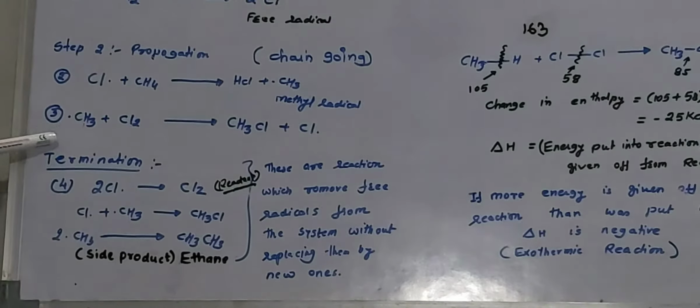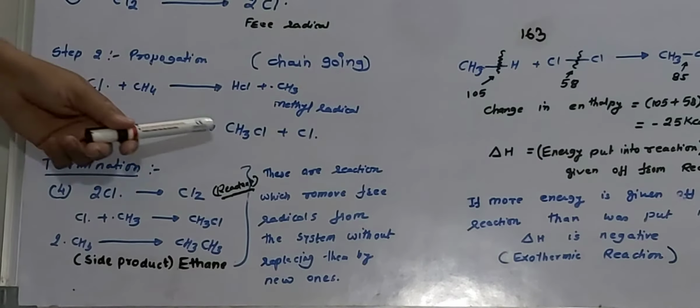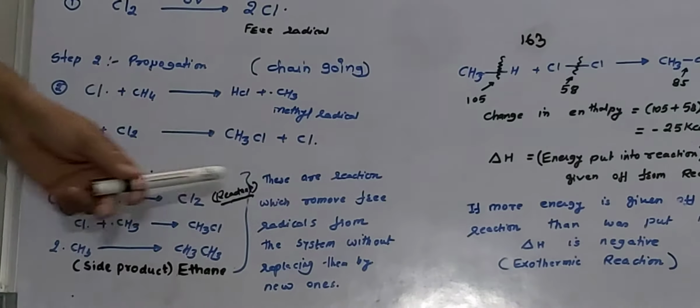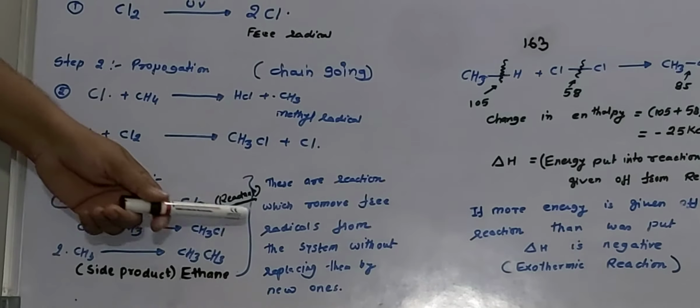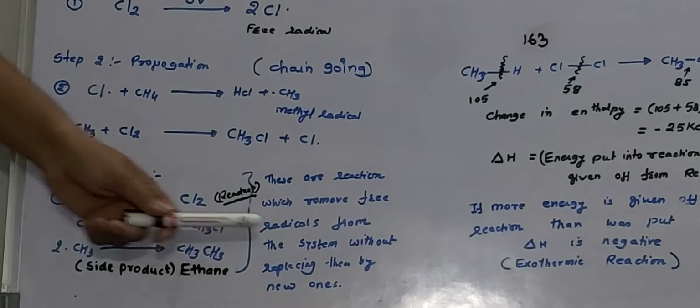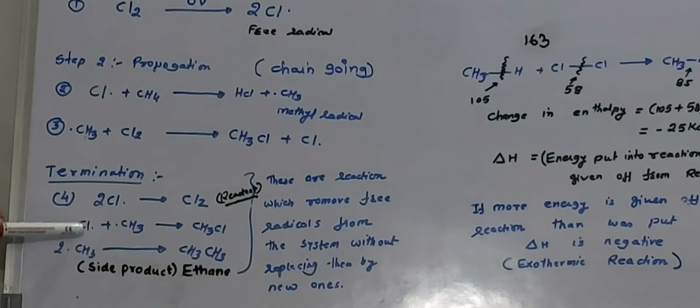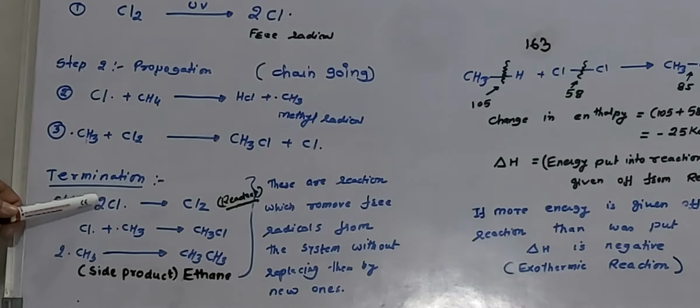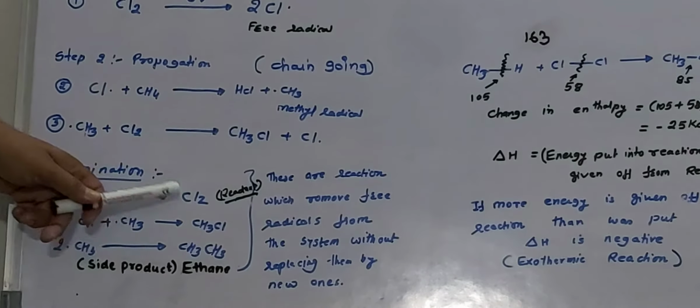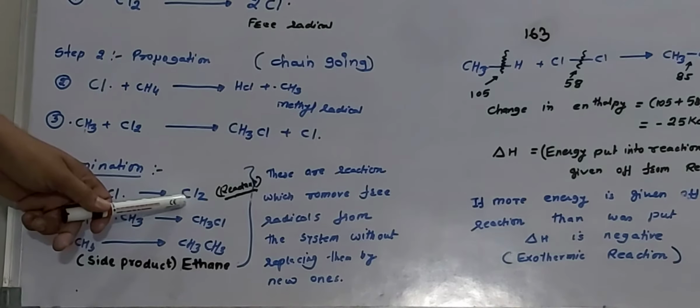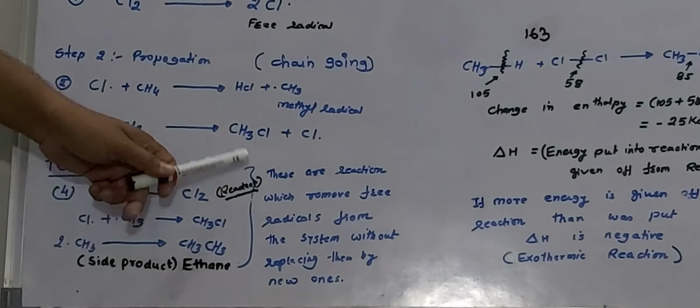The last step is nothing but the termination. Why are we calling it a termination? Because this reaction involves the removal of the free radicals from the system without replacing them by new ones. In this case all are free radicals. 2Cl when they react give the Cl2, that is again the formation of the reactant.